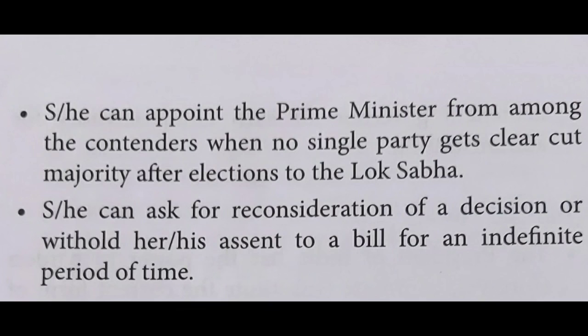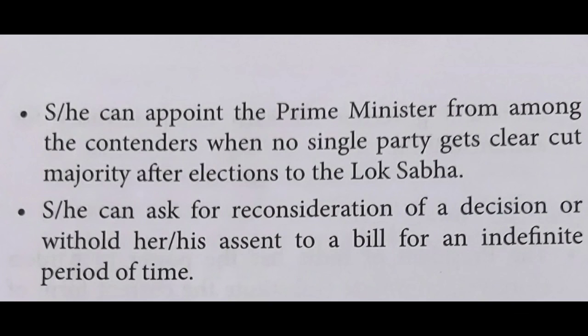He or she can ask for reconsideration of a decision or withhold assent to a bill for an indefinite period of time. These two discretionary powers are given here. Actually, two more are there, but this is class 8, that's why I am not telling you.